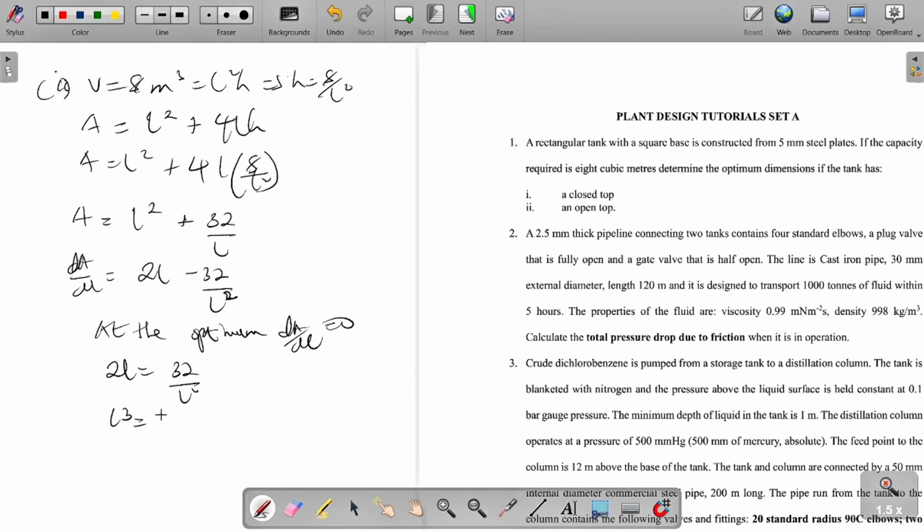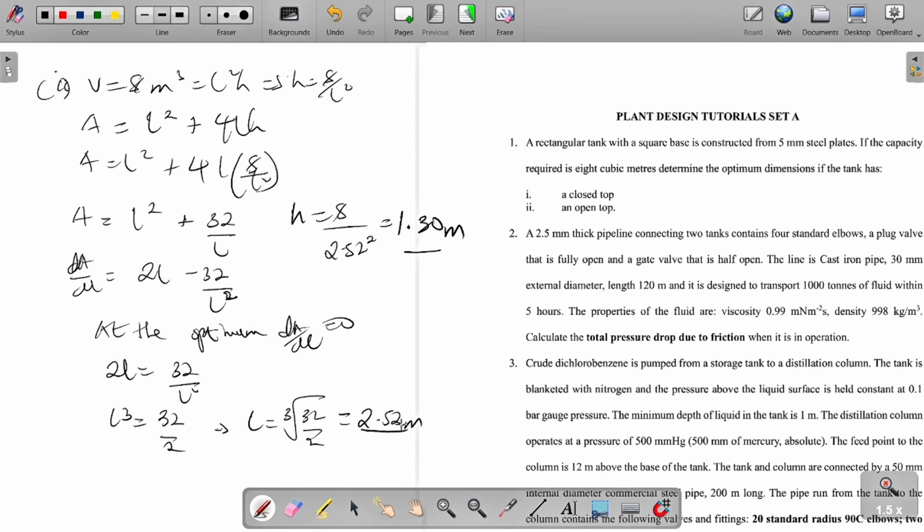Then we can also get the height: 8 divided by 2.52 squared. That gives me a height of 1.30 meters.